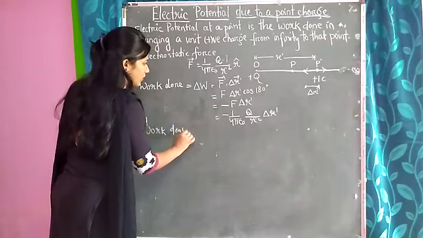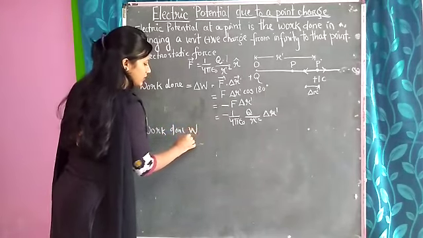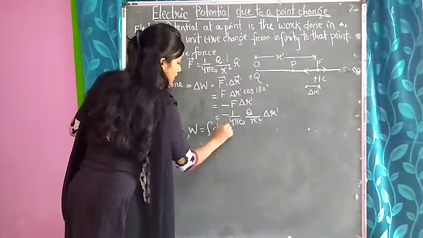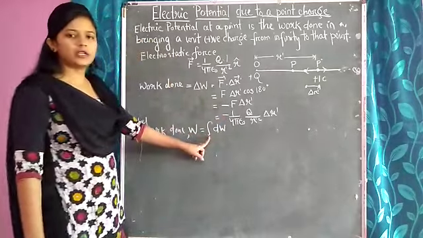This is your total work done. The total work done W equals the integration of this del W. And what is the limit?